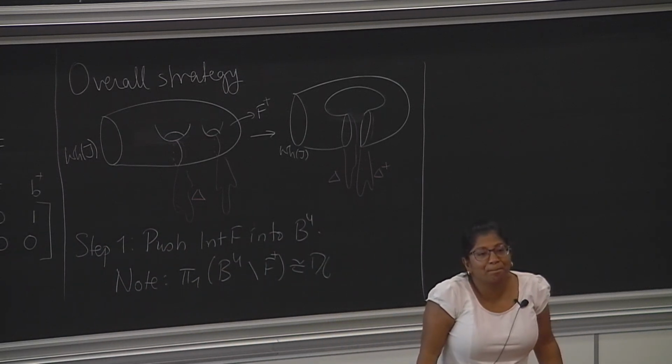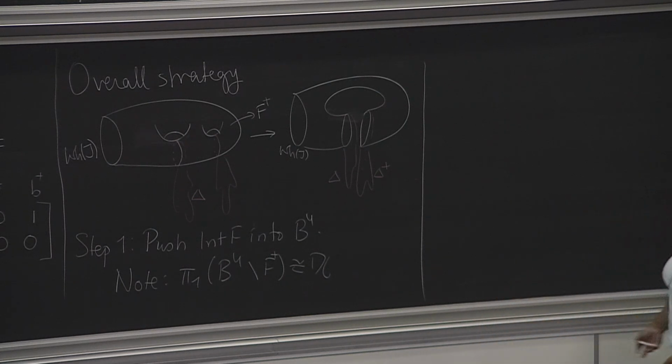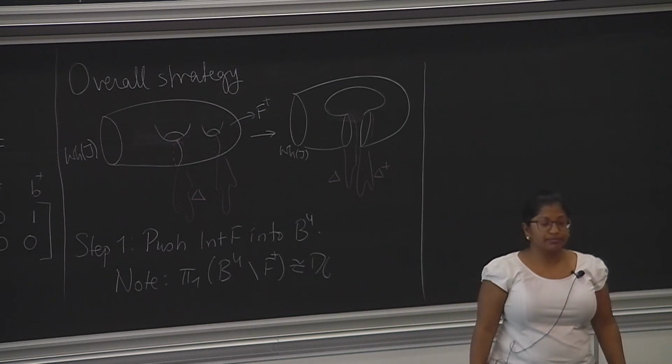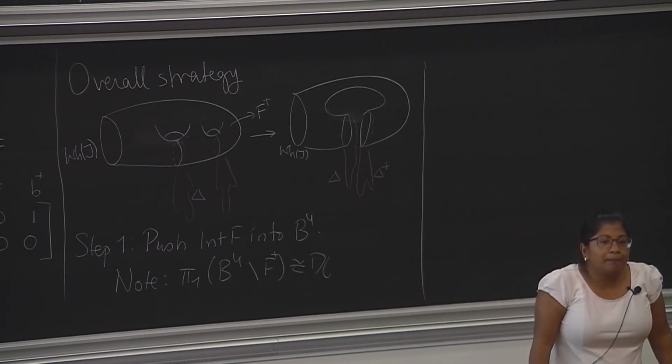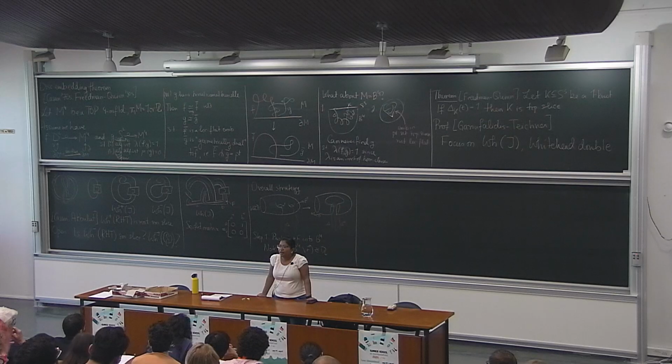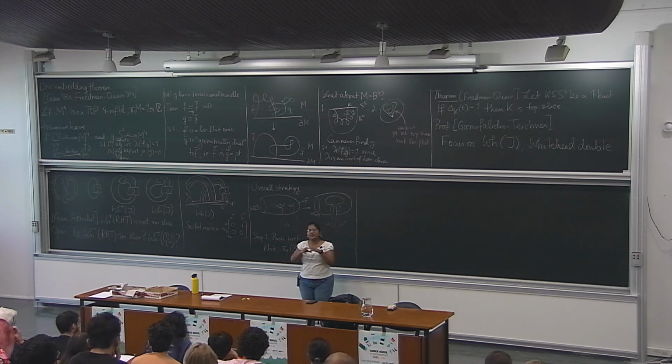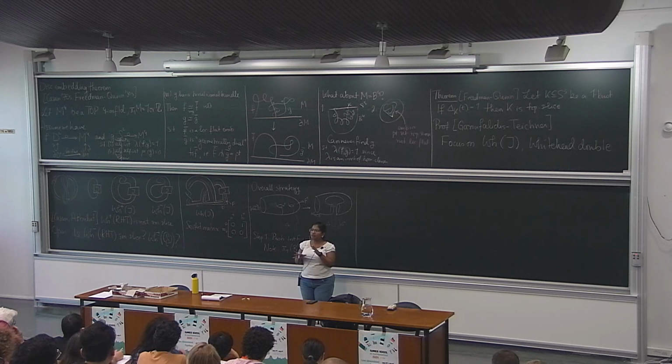Yep. This is slow. We are not saying that F is a disk. It's always true, even if F is not a disk. That's right. And again, it really is the fact. That's fine. So regardless of its genus, if you start with a surface inside of S3, and you push its interior down into B4, the complement will have pi1 Z. And for handle diagram Morse theory people, it's because it has a single minimum.